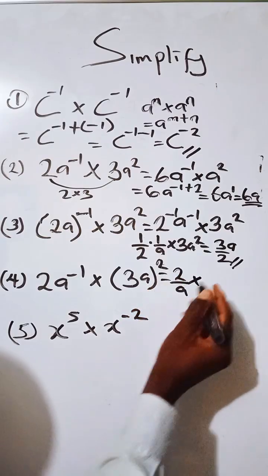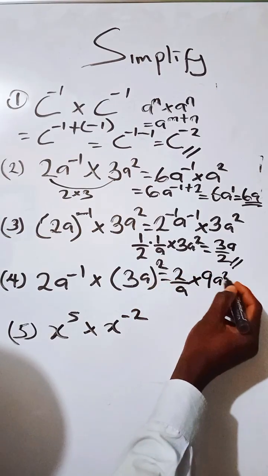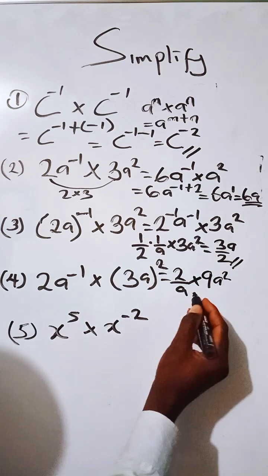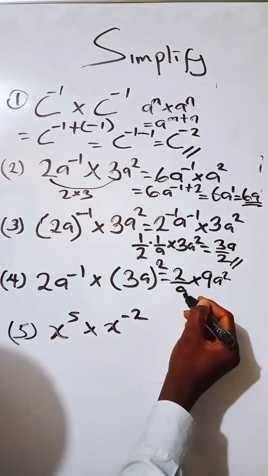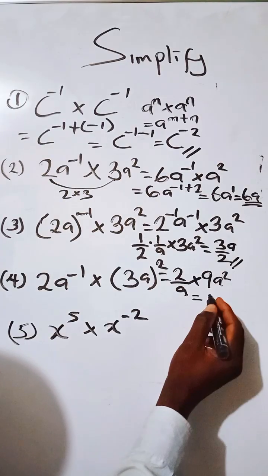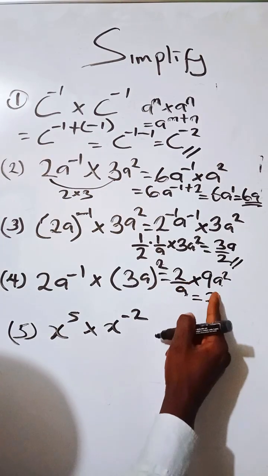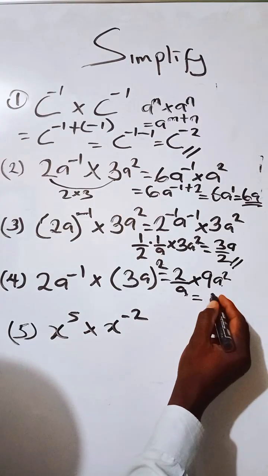For 3 squared, that gives 9, and for a squared, we have a squared. So we can simplify this and remove a from a squared. Since this is 2 times 9, we have 18a.